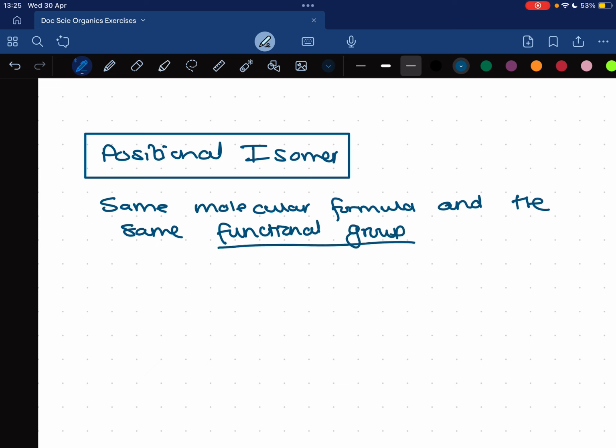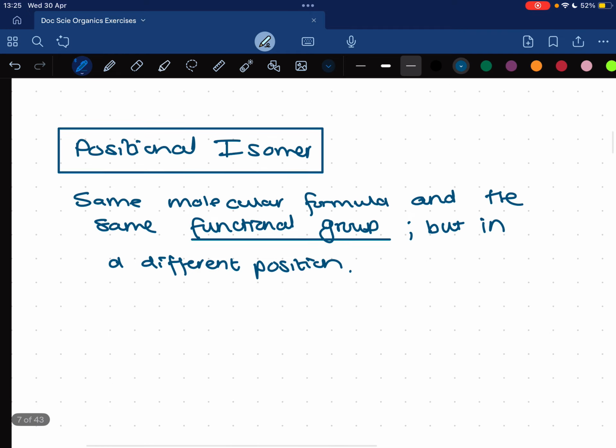Okay, so we can't change the homologous series, but in a different position. So the functional group will be in a different position to what it was before.